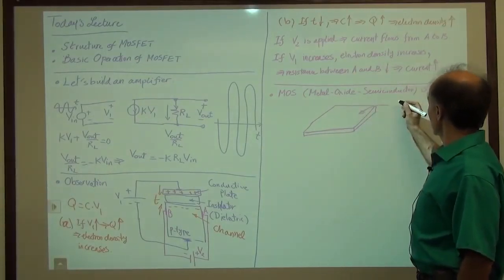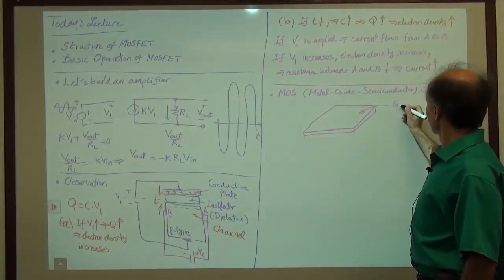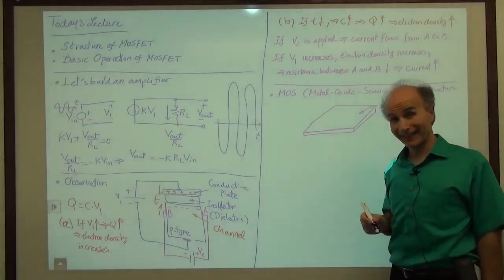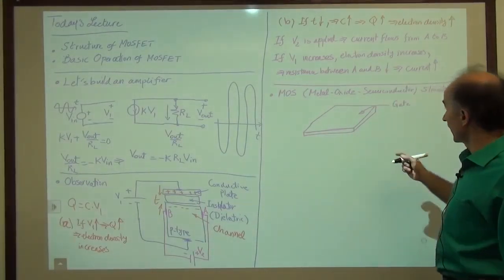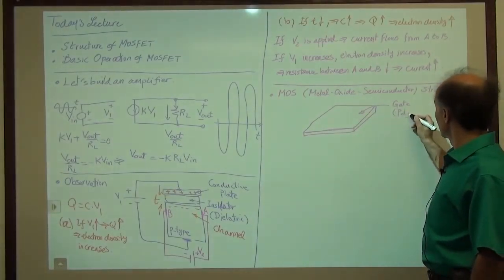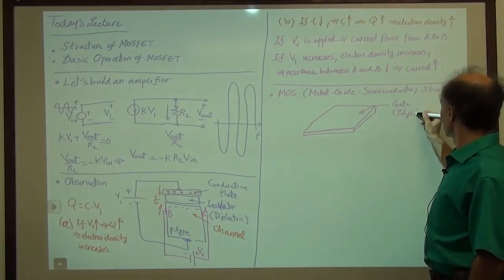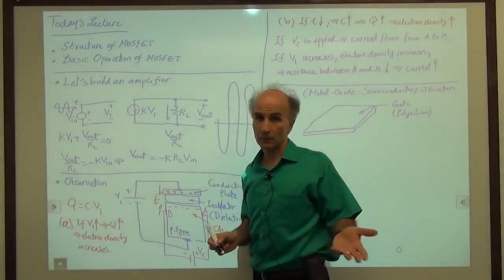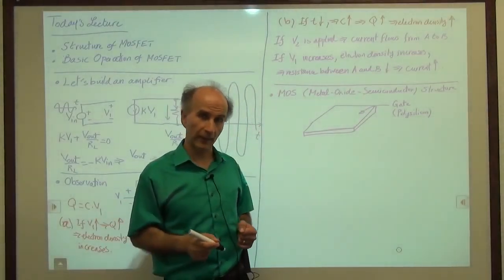So we call this the gate. We will see why later. This is called the gate of the device. And the material is usually polysilicon. Polysilicon is not an excellent conductor, but it's a reasonable conductor. So we use it as a conductive plate.